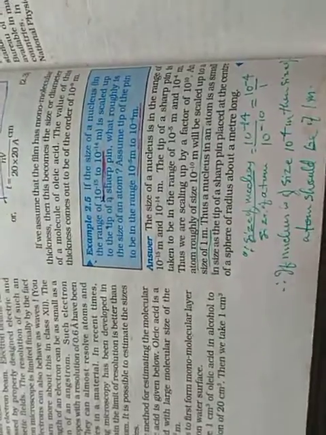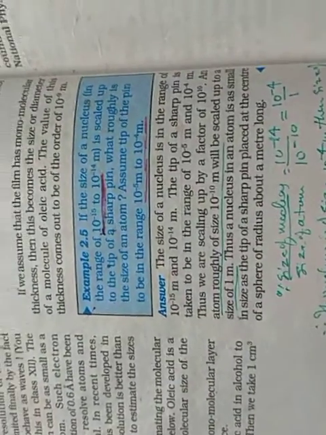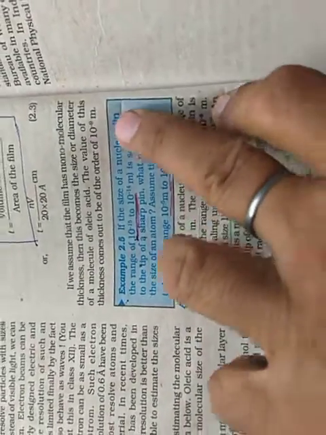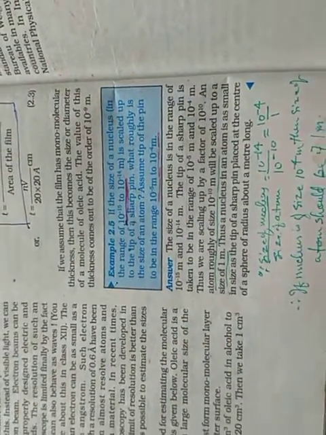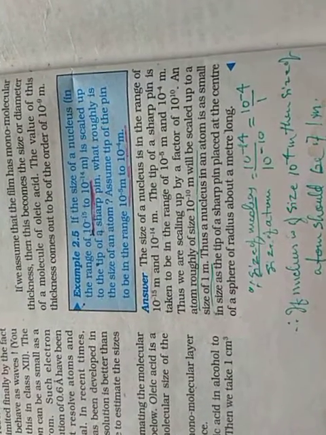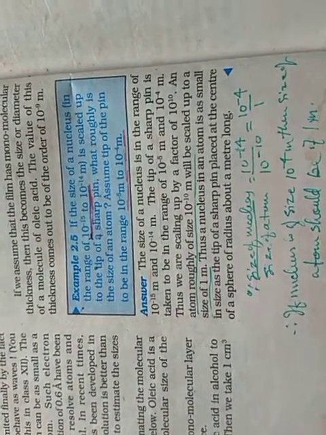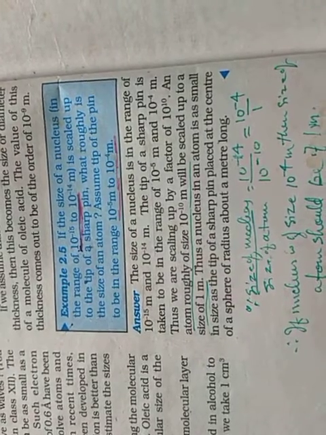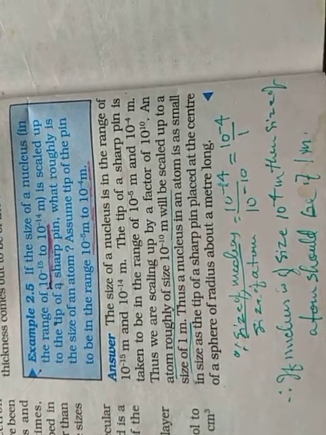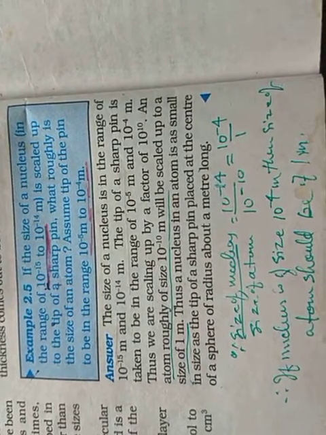Now we will talk about a very interesting example which will give you the concept about the dimensions of the nucleus as compared to that of the atoms. If the size of the nucleus is in the range of 10^-15 to 10^-14 meter, and is scaled up to the tip of a sharp pin, what roughly is the size of an atom?